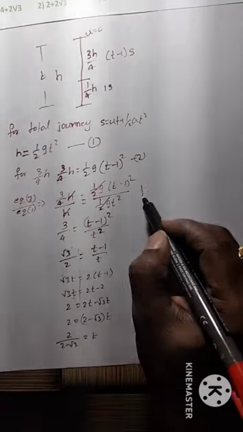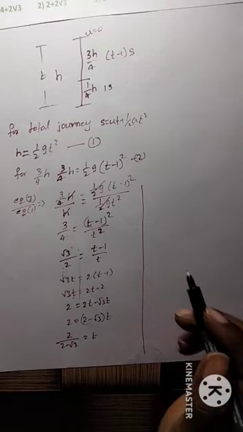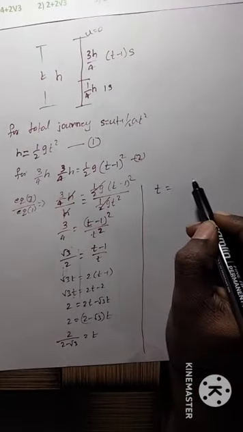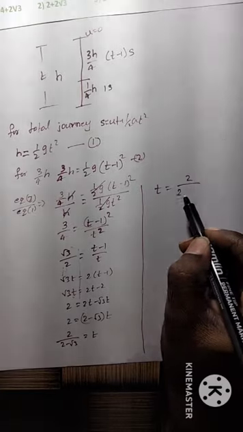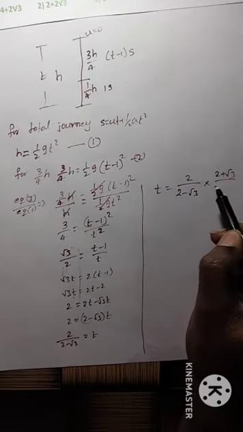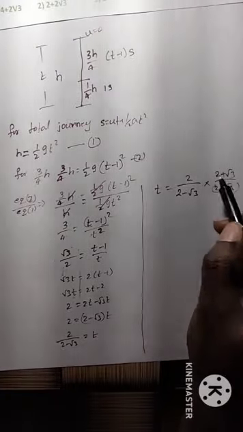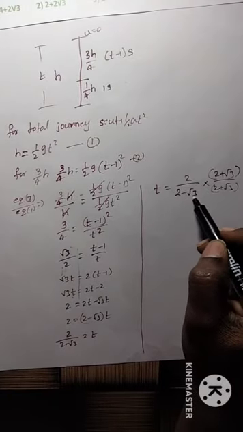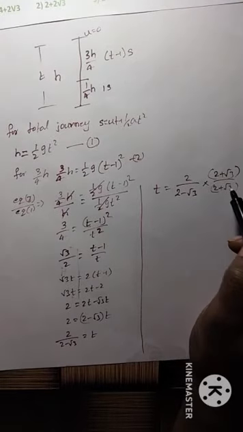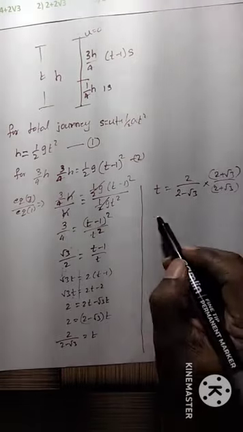So now we are going to rationalize this value, denominator rationalization. Then 2 by 2 minus root 3 into 2 plus root 3 by 2 plus root 3. Denominator rationalization is nothing but for 2 minus root 3 we take 2 plus root 3, and multiply and divide in numerator and denominator.